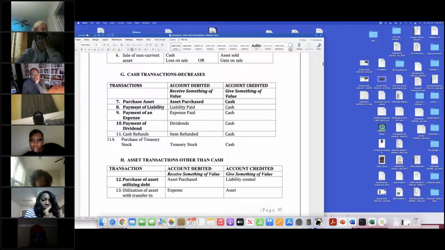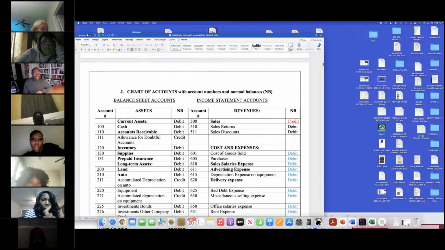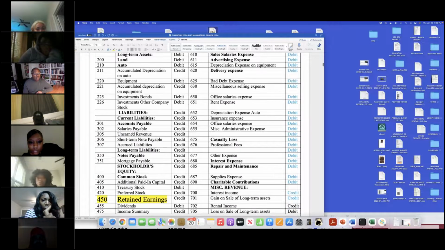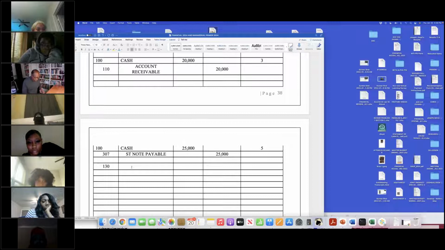When we make that journal entry, we go here and say supplies is 130. That's what's being purchased, and our amount was $1,000. So we have supplies, account 130, and the amount was 1,000.